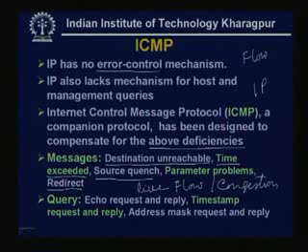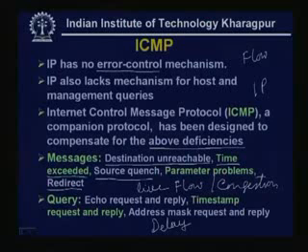In this case, a source can send a frame to the destination, and the destination will also use the timestamp and reply, and by this the round trip delay can be estimated, or this can also be used to synchronize two clocks, the source clock and the destination clock. So, for synchronization of two clocks or for measurement of delay, this can be used. Then address mask request, that means a particular station may not know about the subnet mask. So, that can be queried and it can get the reply.